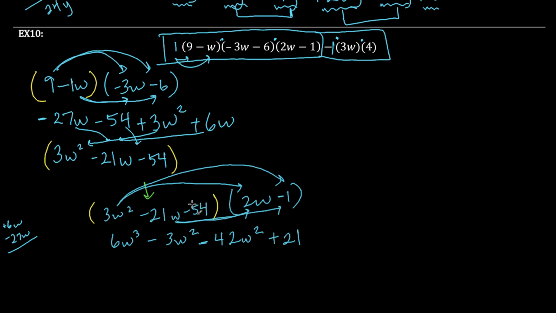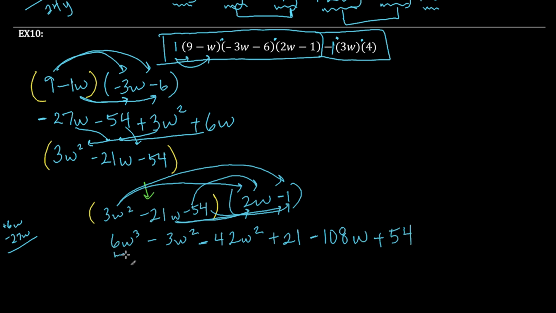And we have a negative times a positive is a negative. 54 times 2 is 108. No w times w is w. And then we have a negative times a negative, which is a positive. 54 times 1 is 54.